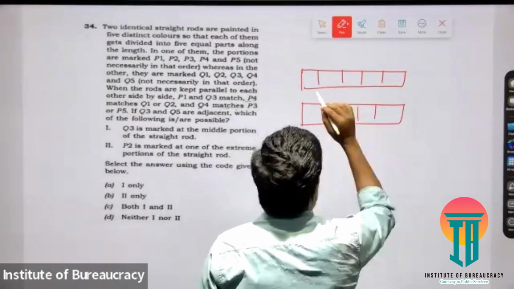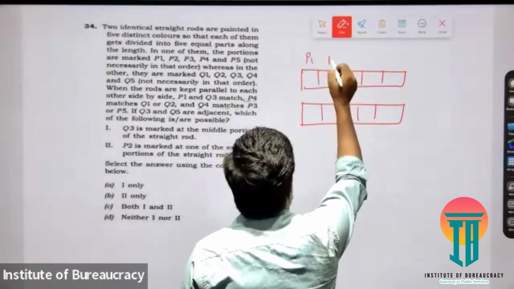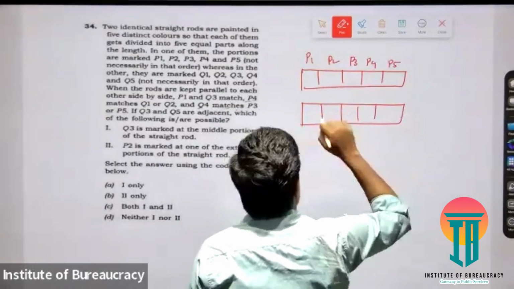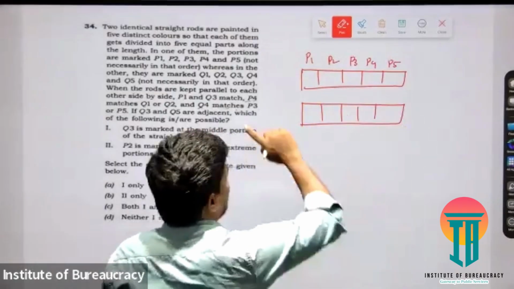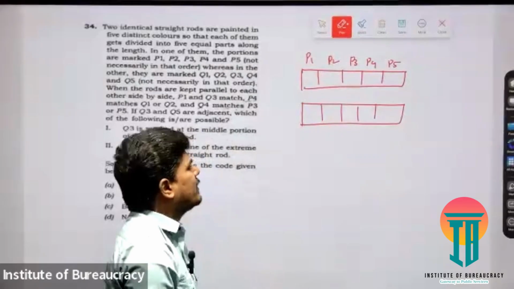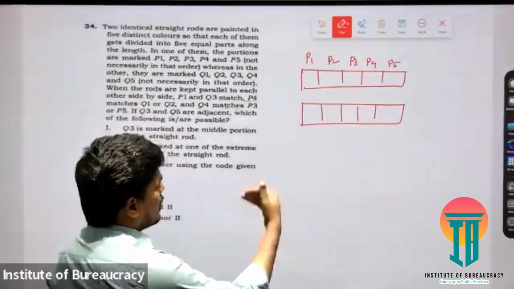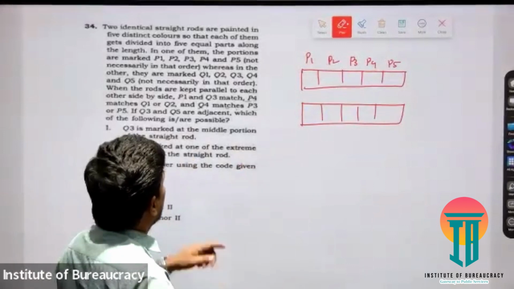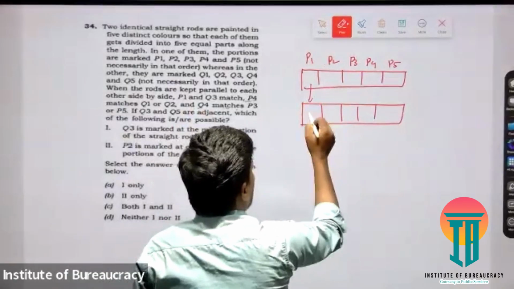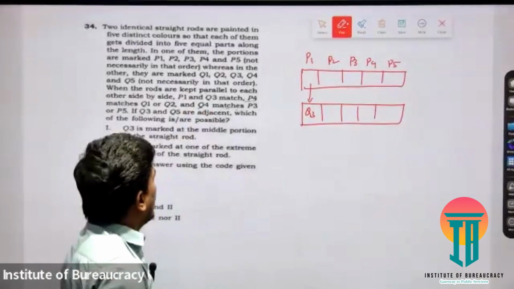Here it is P1, P2, P3, P4, P5 and here Q1, Q2, Q3, Q4, Q5. Again, they need not be in the same order. It can be anywhere. They didn't say what order has to be followed, but they said they match. P1, Q3 match. P1 is opposite to Q3. They are going to be matched with the color.